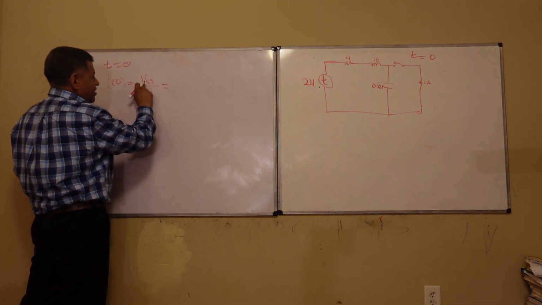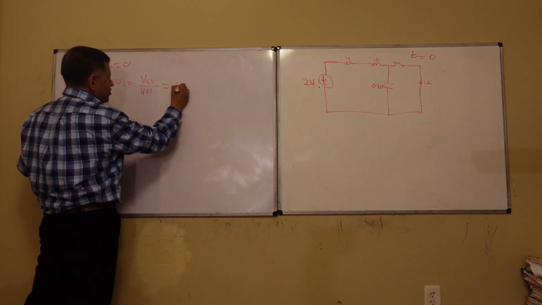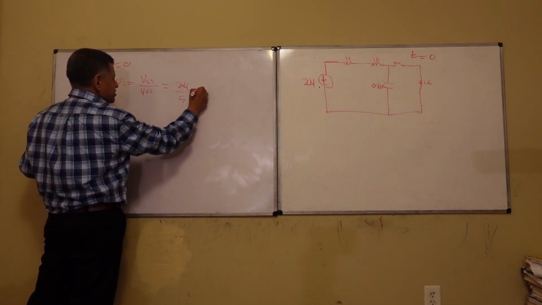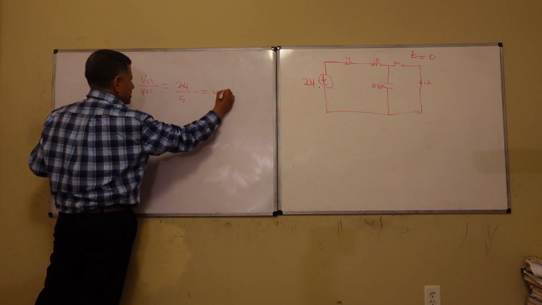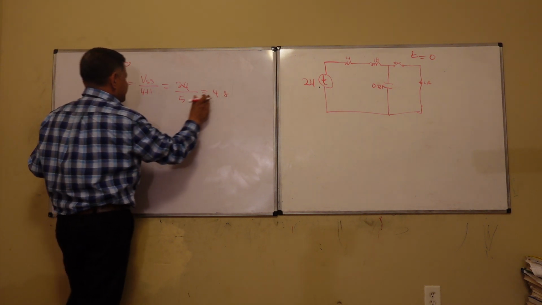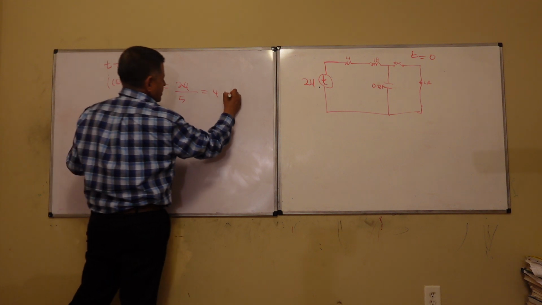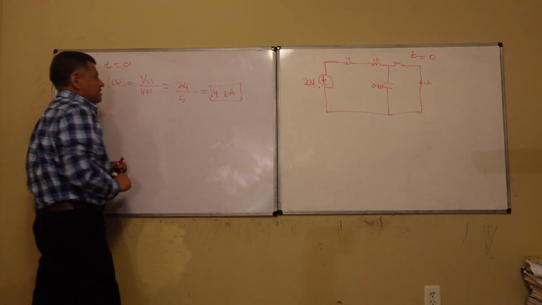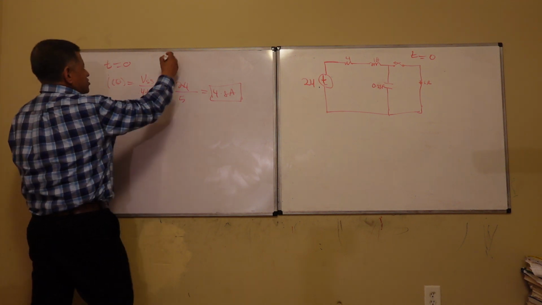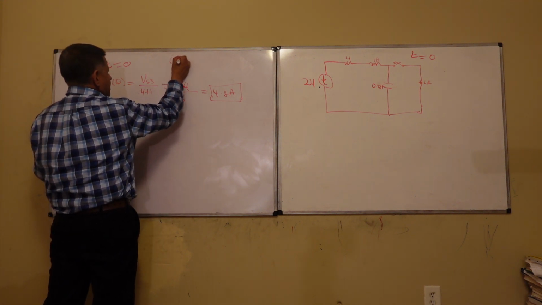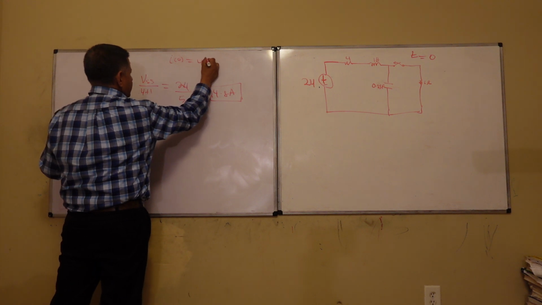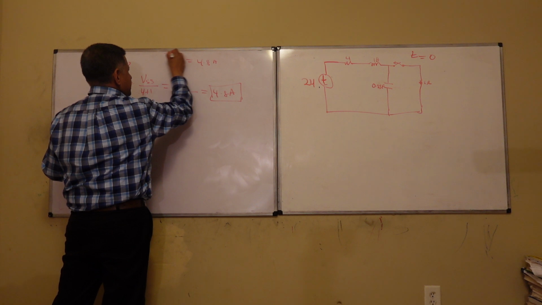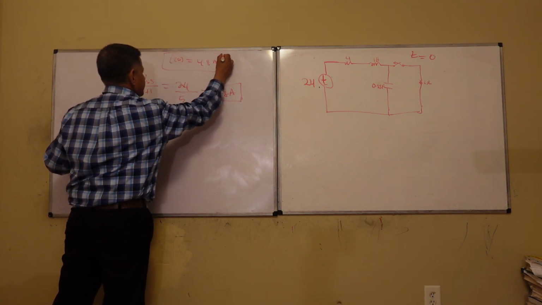And the top one right here is 24. So 24 volts divided by 5 ohms is equal to 4.8 amps, right? So I of 0 is equal to 4.8 amps. We need that number, so we write it down.